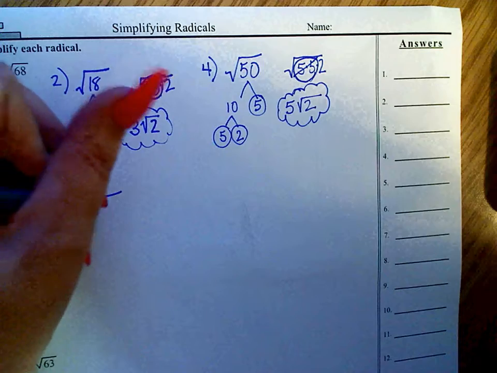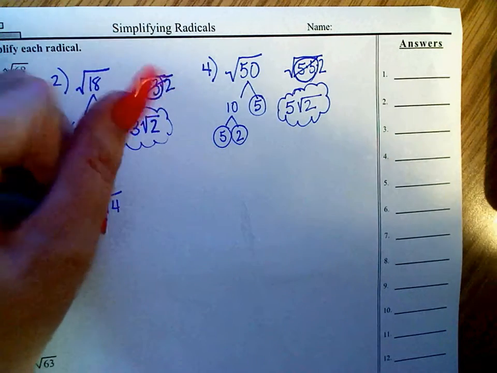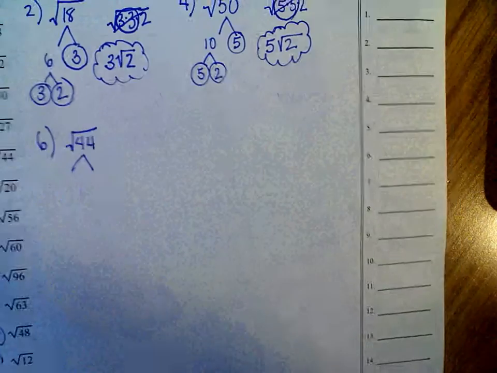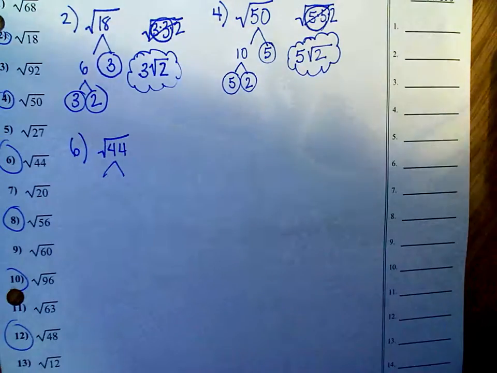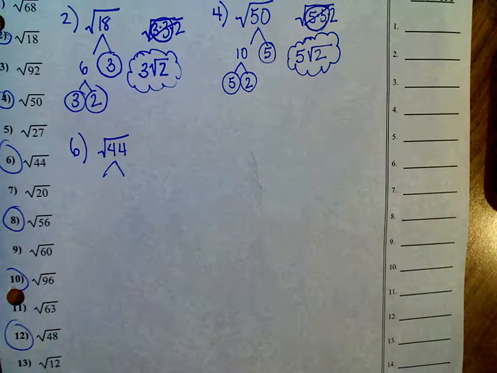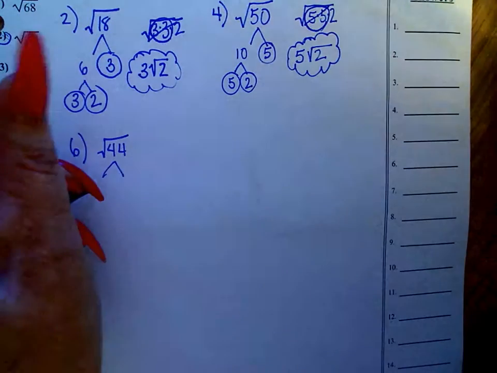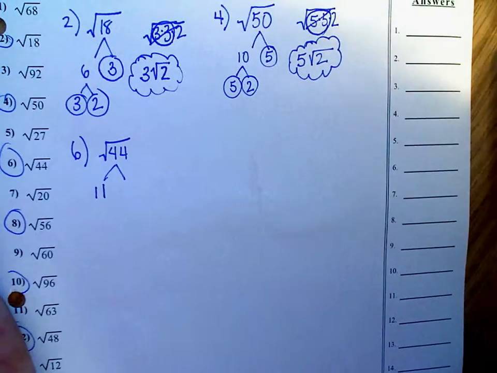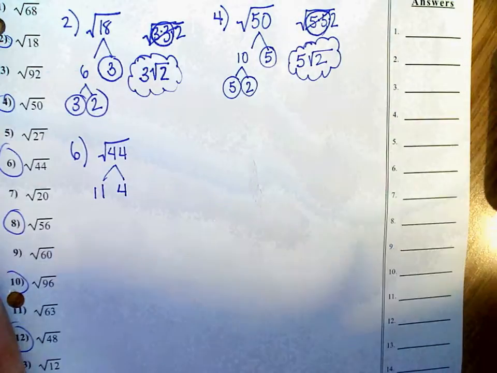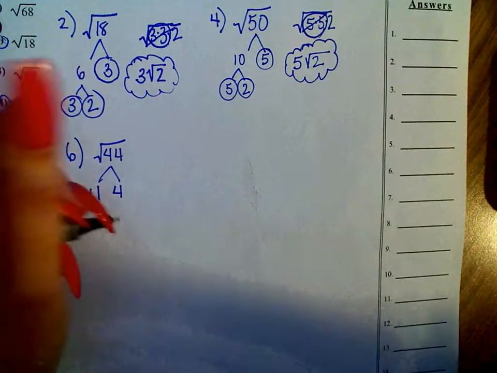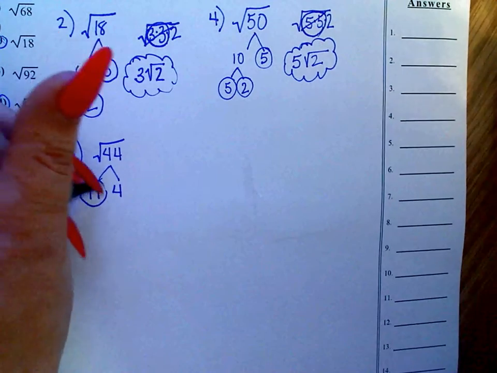Moving on. Number 6 is 44. Here's the tip. If you have a number like 44, 55, 22, 33, any number that's like a double like that, that means that you can multiply 11. 11 is a factor. So 11 times 4 gives you 44.